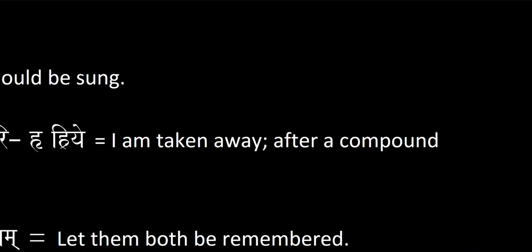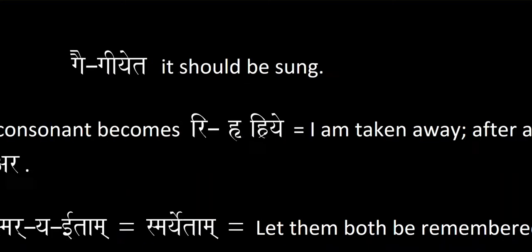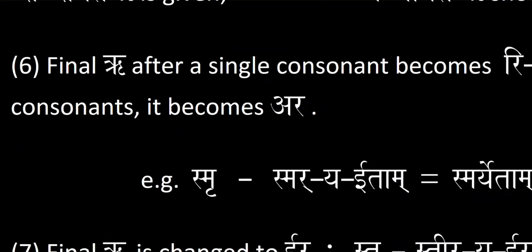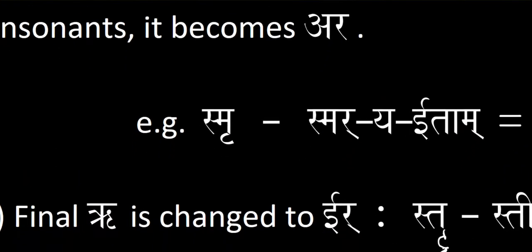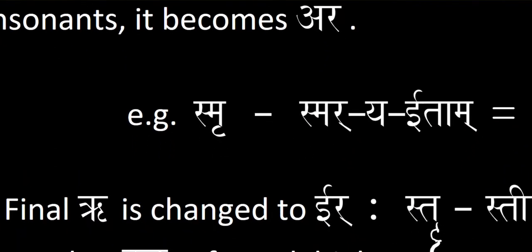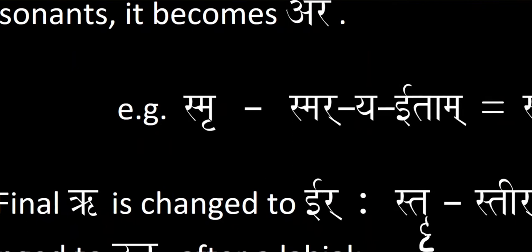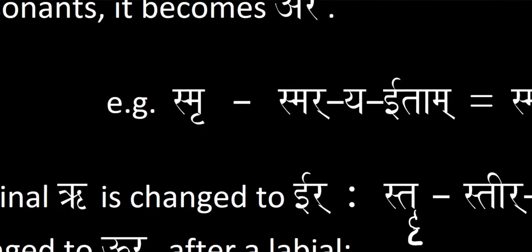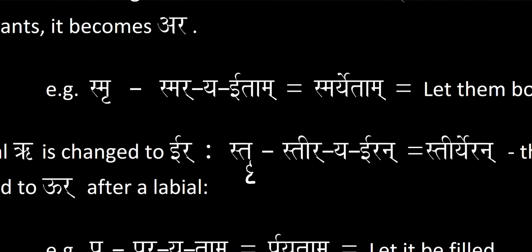Now, if ri is coming after a compound consonant, then it becomes ar. If you don't remember what a compound consonant is, here is an example. You have half sa connected to a ma. You have smri. The root word is smri, to remember. That is a compound consonant, the half sa connected to a ma.